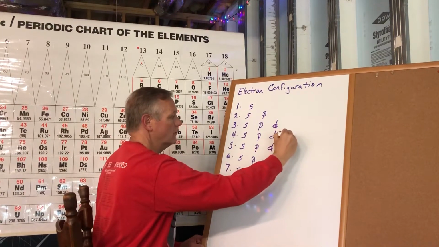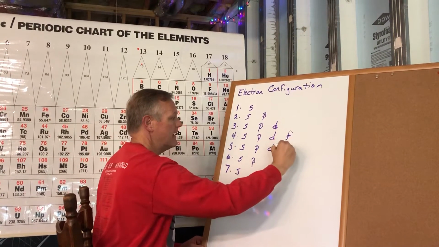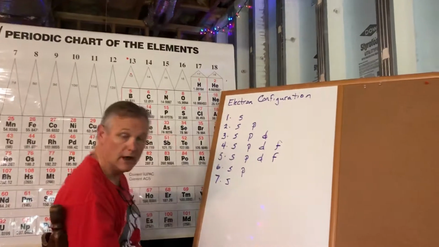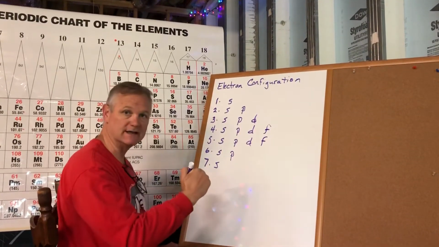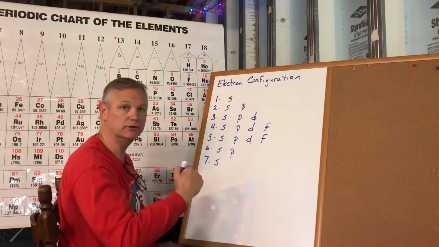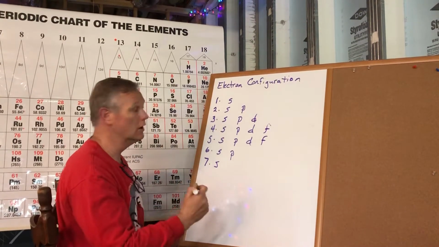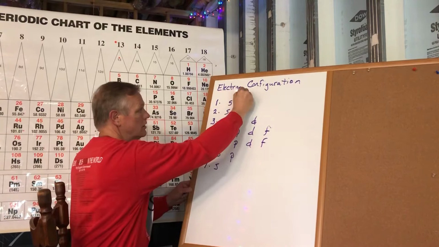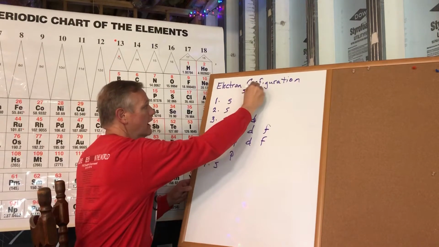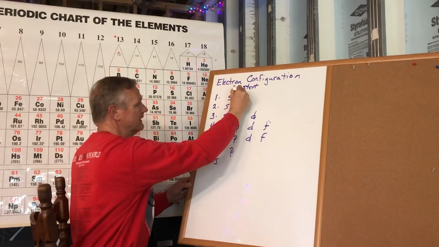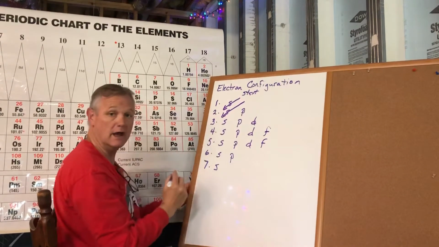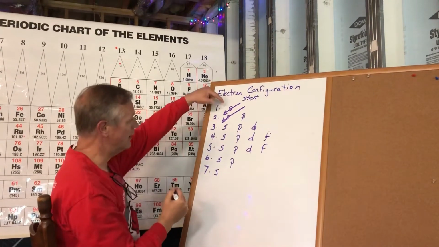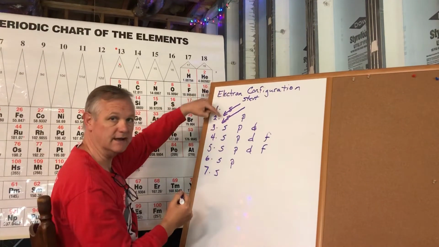Over 1 and down 1, and then the final f orbital. Now this is called the diagonal method, and the way that I do it is I just say 1, 1, 2, 2, 3, 3, 4. So I'm going to always start up here, and I'm going to go in a diagonal back this way. 1, 1. Now, the reason I'm saying 1, do you see how I went through one letter? Just the S and the S.